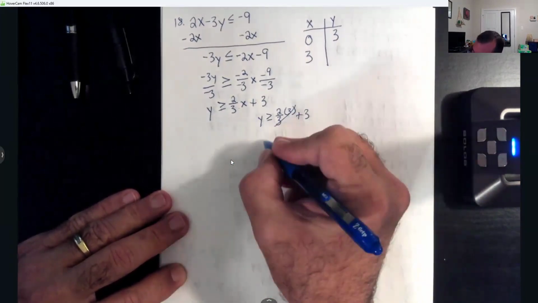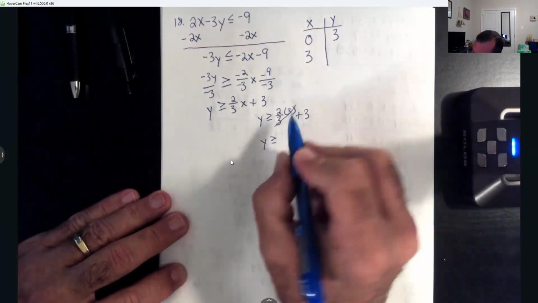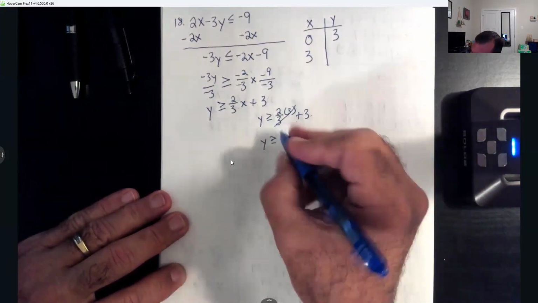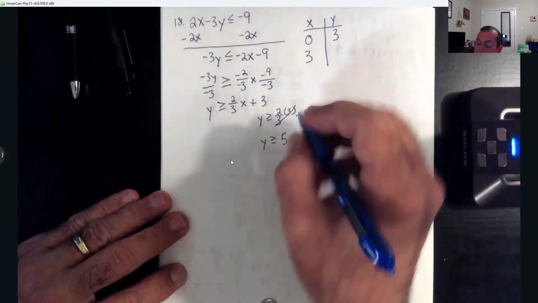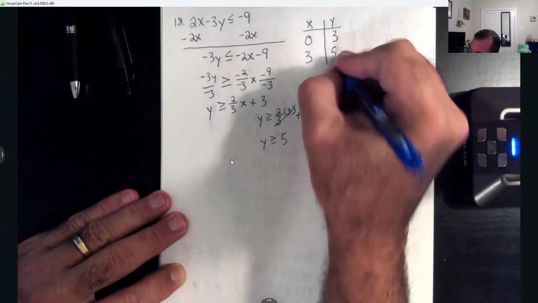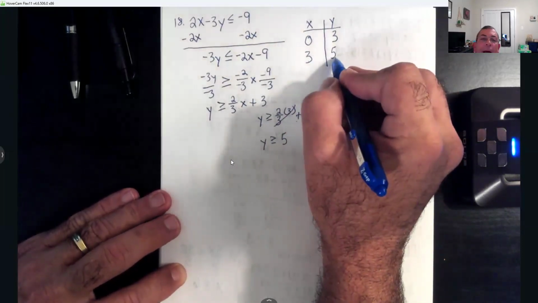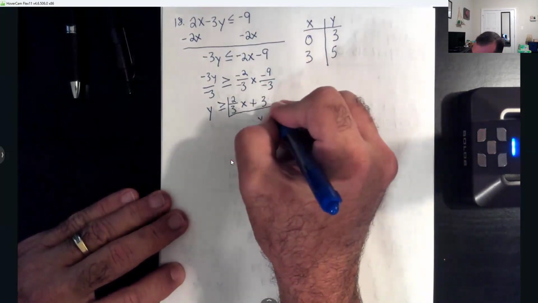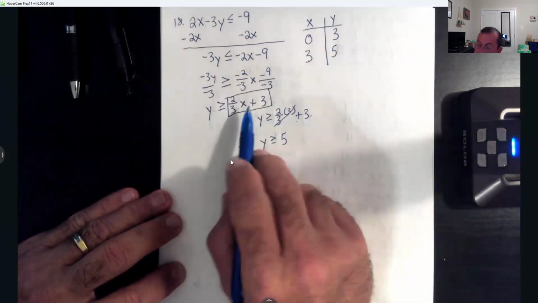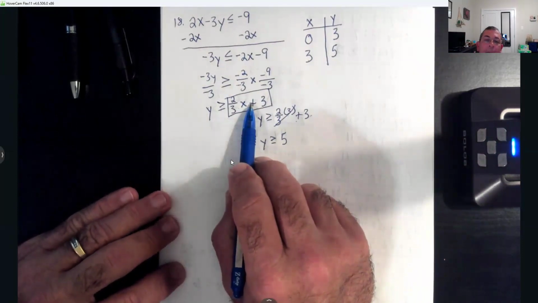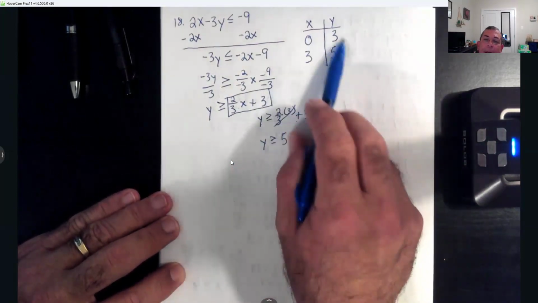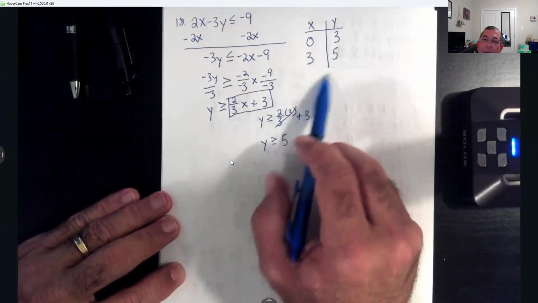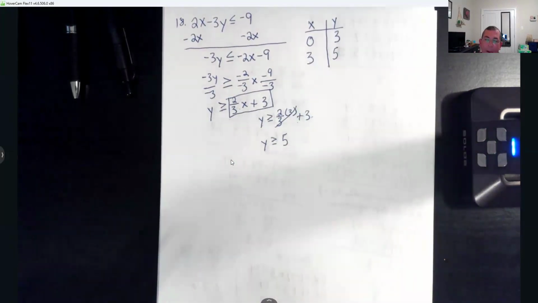Now, if I put that 3 in, I'll have 2/3 times 3 plus 3. Those 3's are going to cancel. And I basically have 2 plus 3, which is 5. So when x is 3, y is 5. Now, y'all, you can put this part right here in your calculator and then go to the graph, the table, and you'll see all kinds of points you can use, okay?